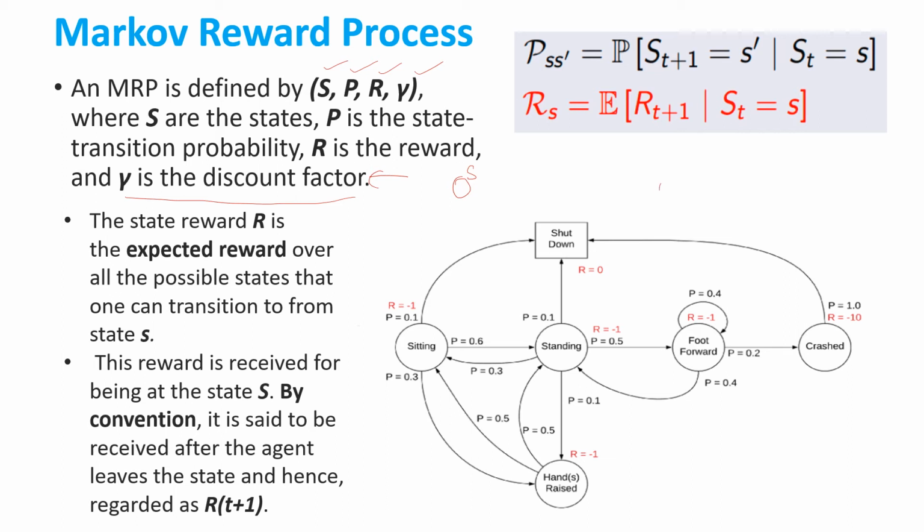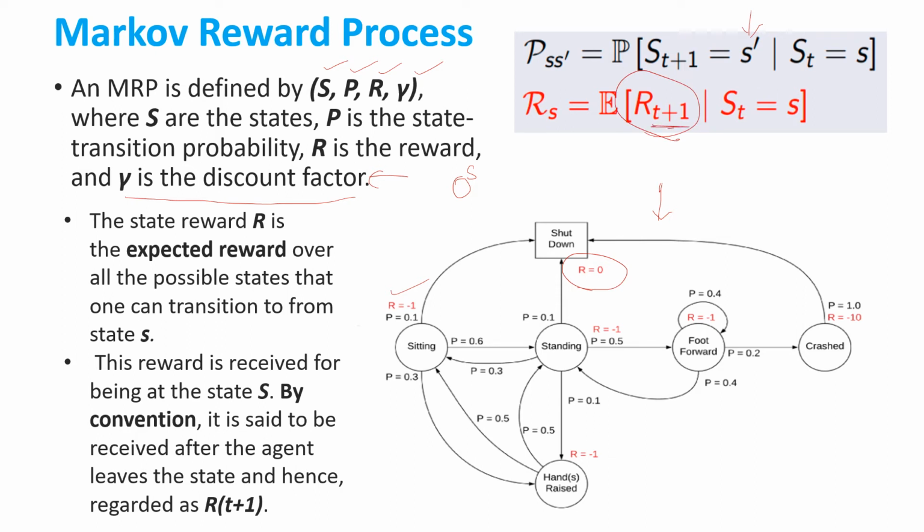The same state transition diagram that we saw earlier is now associated with the reward. That is where the Markov decision process is gaining importance. Along with the state transition probability, we also have a reward. So while transiting from state S to S prime, we get a reward also.